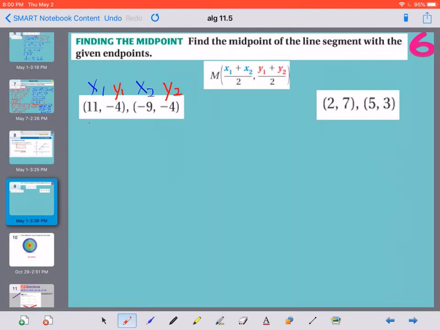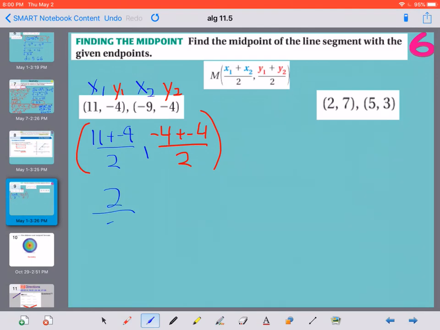So we'll have x1 plus x2, 11 plus a negative 9, divided by 2, and negative 4 plus a negative 4 divided by 2. 11 plus negative 9 is 2, divided by 2.